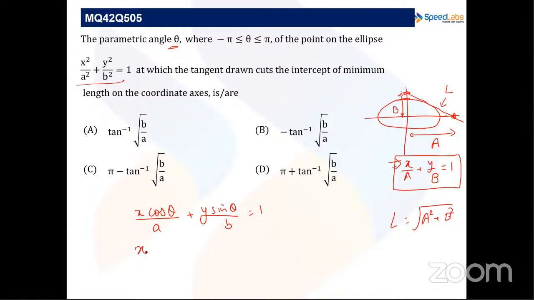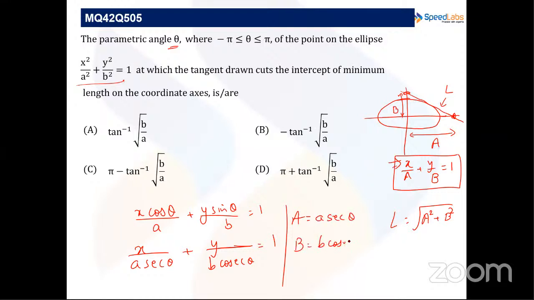So it will be x upon a sec theta, because cos theta equals 1 upon sec theta, plus y upon b cosec theta equals 1. Now on comparing, you will get A equals a sec theta and B equals b cosec theta.